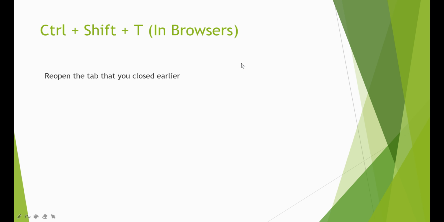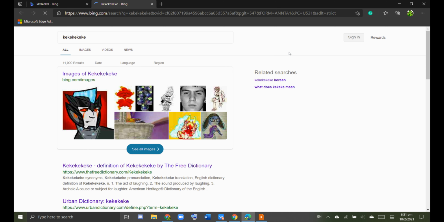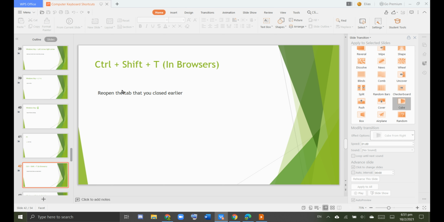Ctrl+Shift+T opens the tab that you closed earlier. So if you open any browser, Ctrl+Shift+T reopens the tab that you closed earlier, in browsers only.